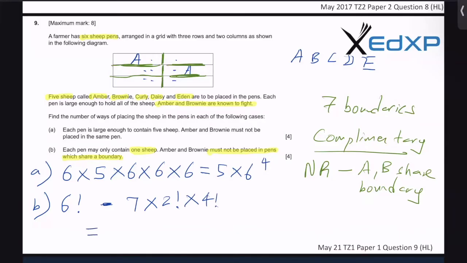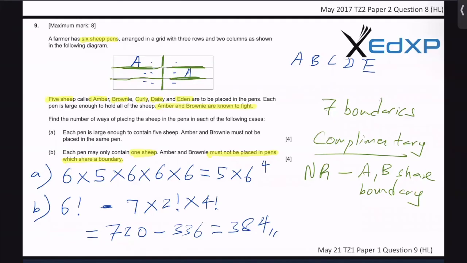So if we simplify this, it is 6 factorial, which is 720, minus 7 times 2, 14, times 4 factorial. That will be 336. And the answer will be 384. And that's the 3 questions from past papers.